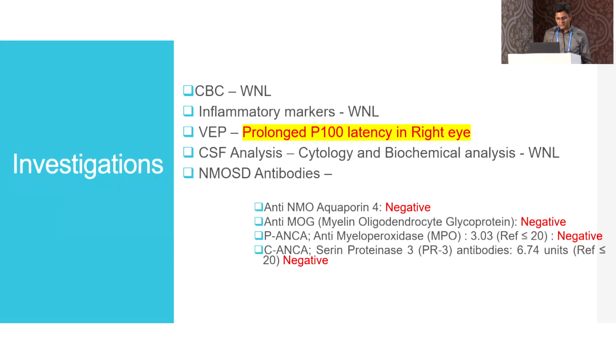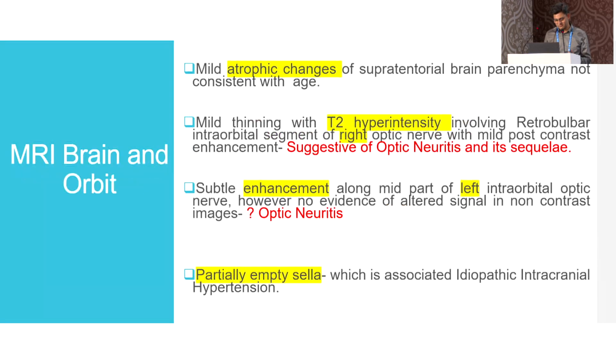Though her blood investigations did not show any raised inflammatory markers, her VEP was prolonged in the right eye. Her CSF analysis for MS was also within normal limits. NMO spectrum disorder antibodies in the form of aquaporin 4, anti-NMO, P-ANCA and C-ANCA were also negative.